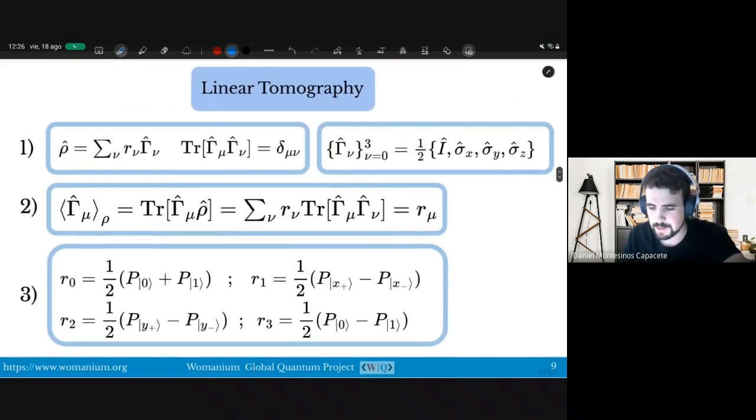Very well. So in linear tomography, I don't know if this might take a while to understand, but I will try to explain more or less. The first step is that you write your unknown density matrix as a linear combination of a basis of matrices of your space of matrices, right?